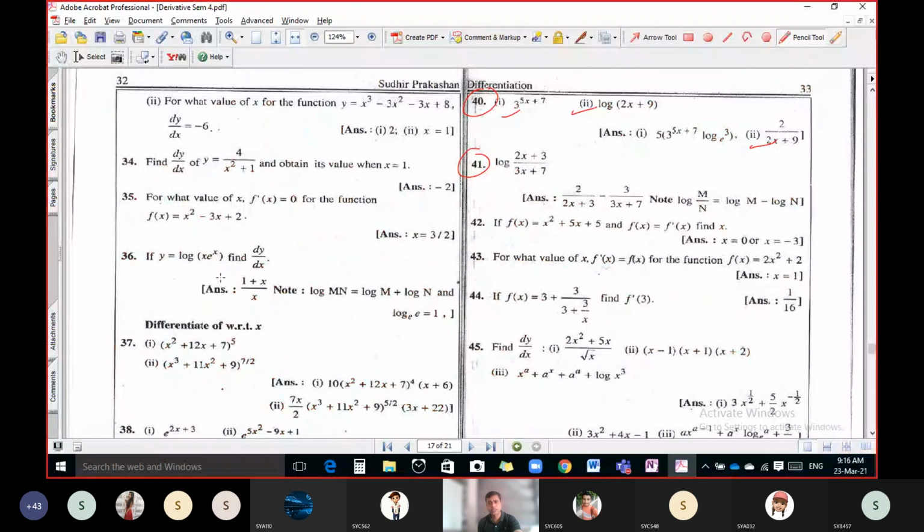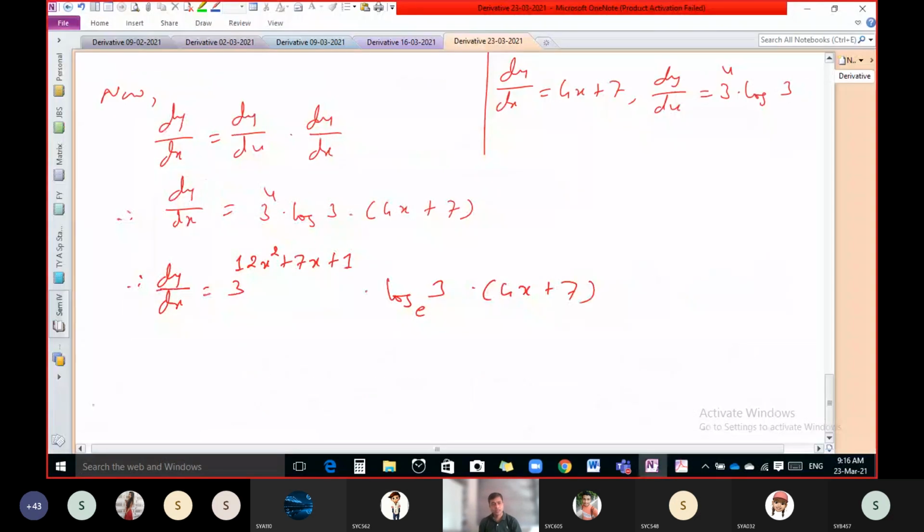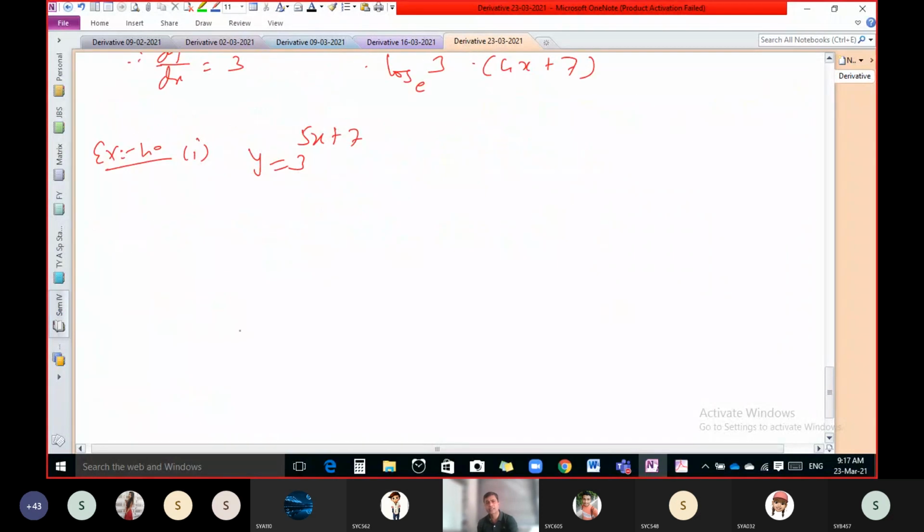3 raised to 5x plus 7. Any of you able to write the direct answer? I want a direct, one step answer.